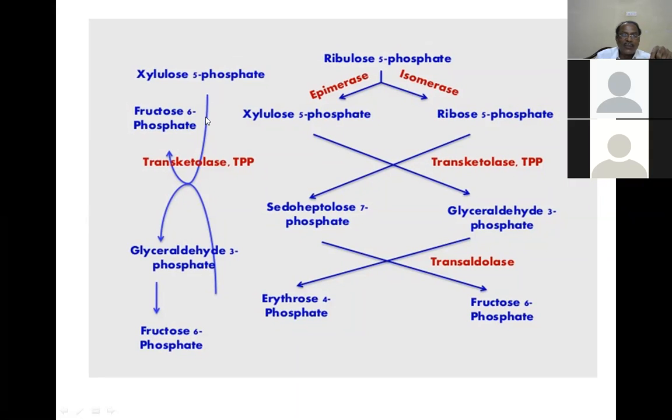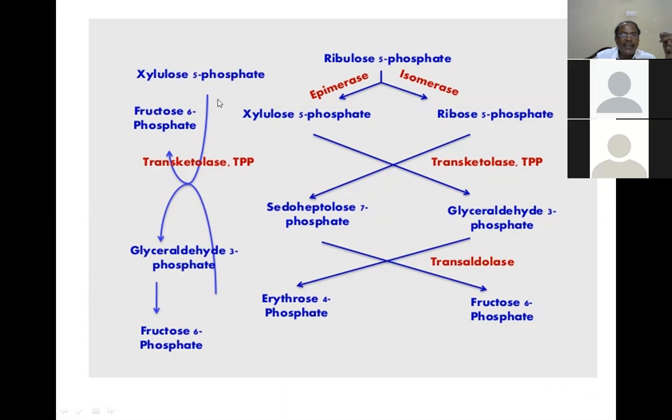Now this one and this one are again acted upon by the same enzyme, transketolase. So transketolase, transaldolase, and transketolase again. What can it do? It cuts a 2-carbon compound along with the ketone. Where is the ketose present? Ketose is present here. So from the xylulose, the 2-carbon moiety is cut.